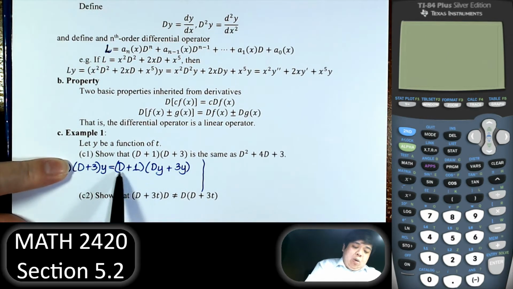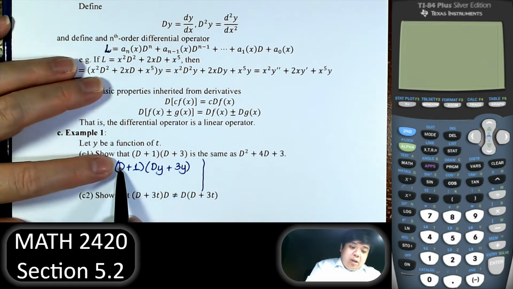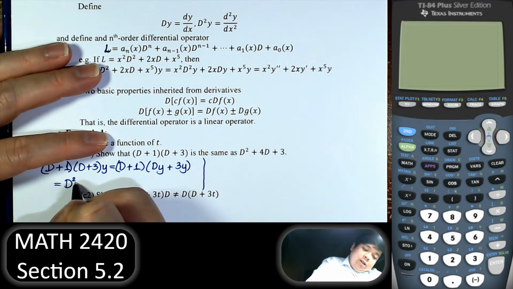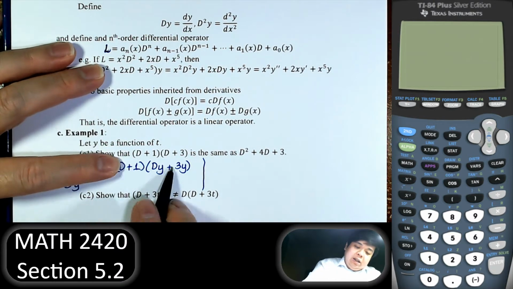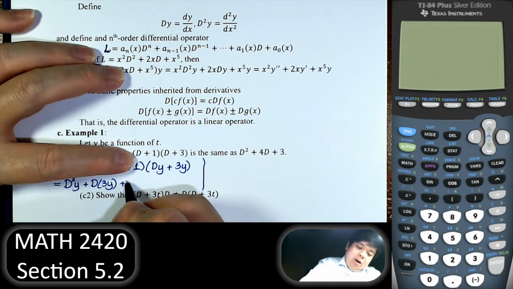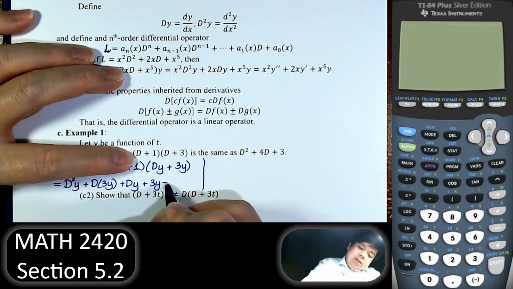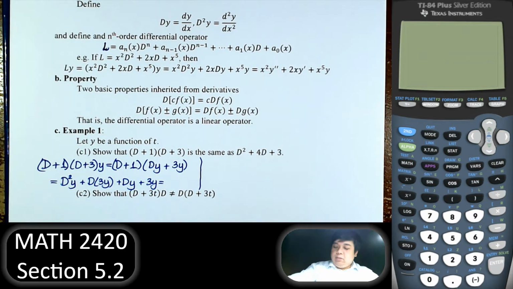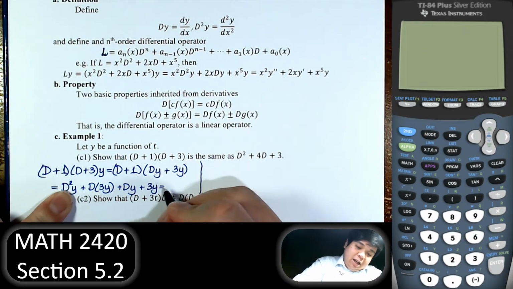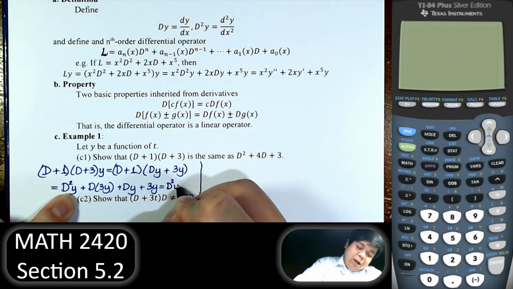And now we multiply it out, like distributing: D applied to the derivative of y gives D squared y, then D of 3y, and then Dy, and then 3y. That of course is the second derivative of y.